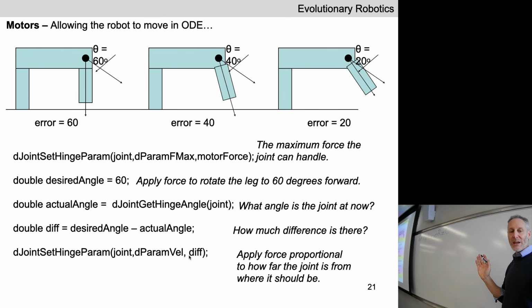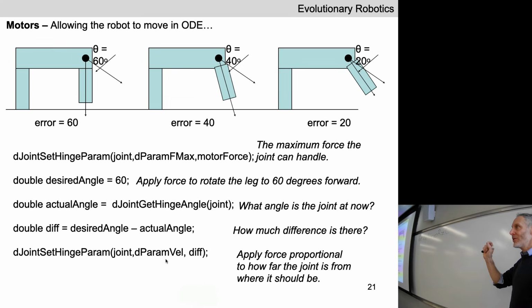If the difference is big, the hinge joint is going to apply a lot of rotational force to the two objects that joint connects. If diff is 0, the hinge joint is going to behave like a rag doll. It's not going to apply any forces to the two objects that it connects. So far, so good? So we're going from a desired angle to ultimately the physics engine computing a force that it adds to the objects.